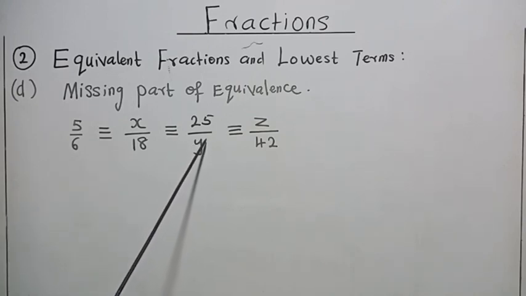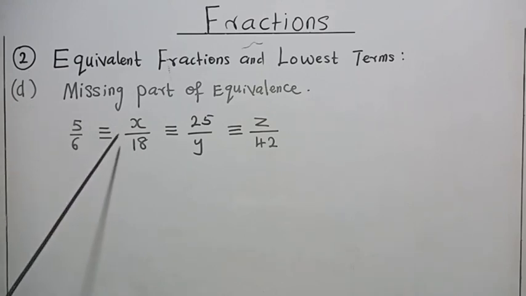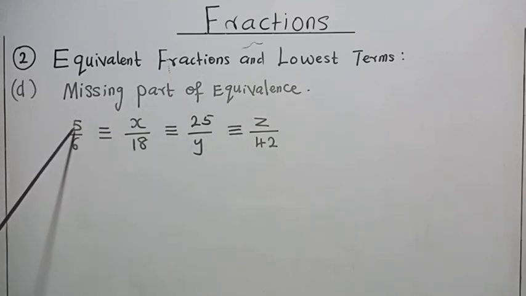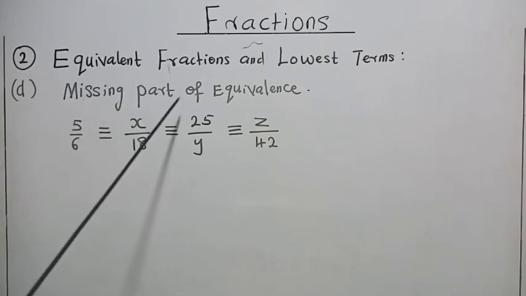That is just this one. But one thing is common to all. There are missing parts of this statement of equivalence. And to make it possible for us to find the missing parts, one of the fractions must be known, and it is this first one that is known. 5 over 6 is known. It takes one of the fractions to be known for us to find others.